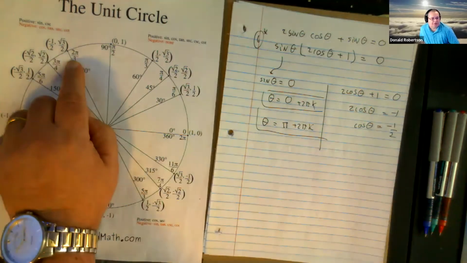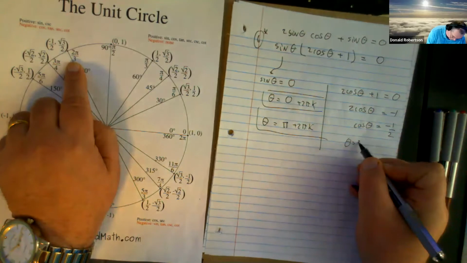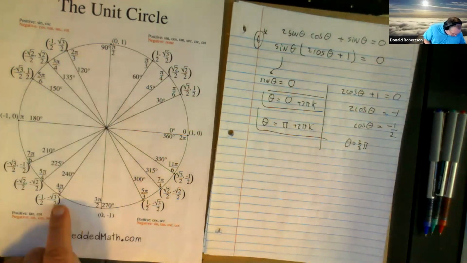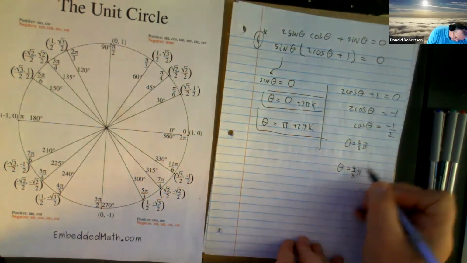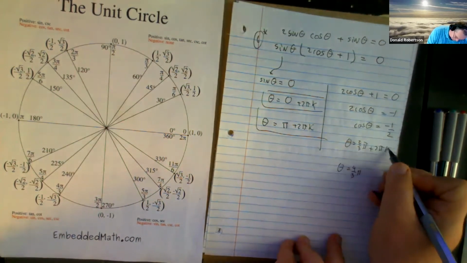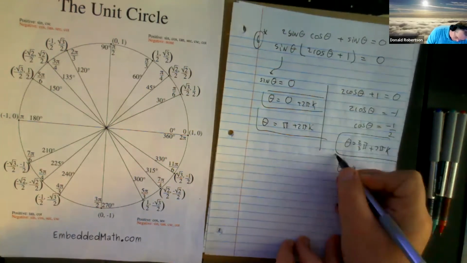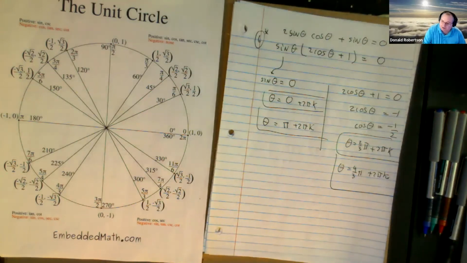And that is deja vu, isn't that? 2/3. And the other place where the x coordinate of half is down here, and that's 4/3. I remember seeing that in an earlier question. And then just add 2 pi k's. And so there's your third answer, there's your fourth answer. Okay, nothing too scary.